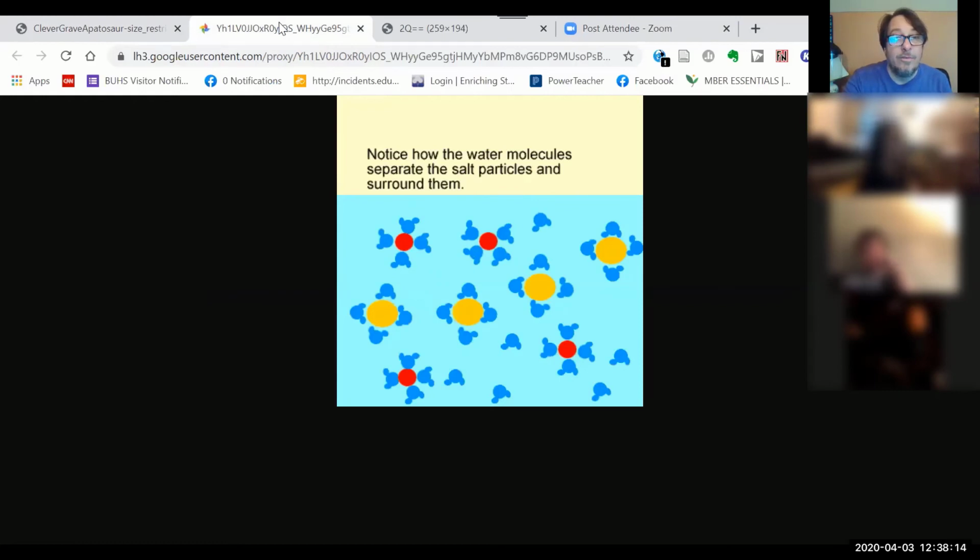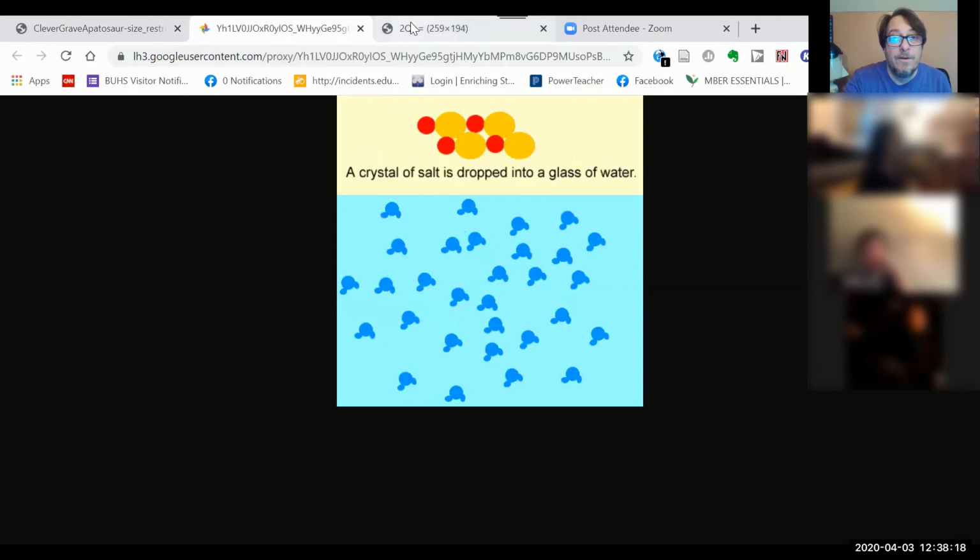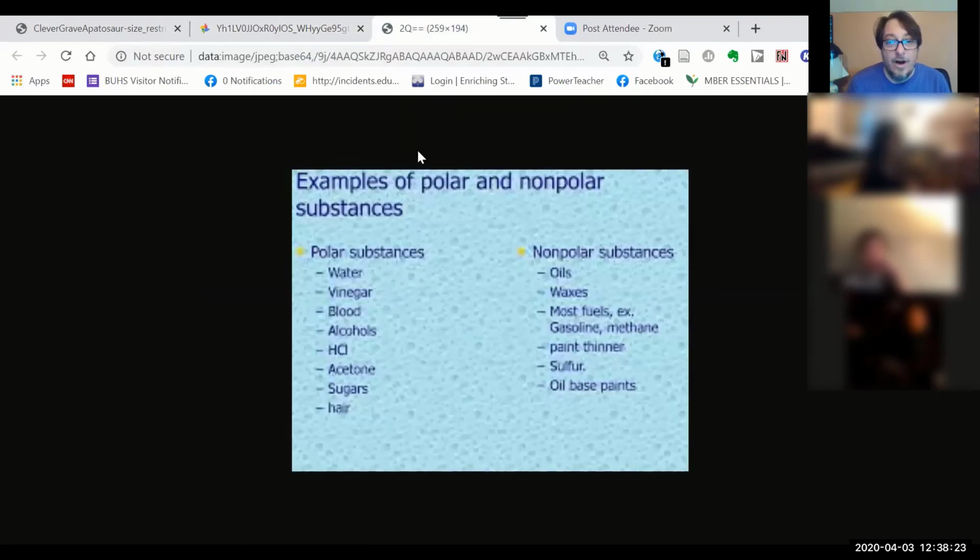Alcohol is water soluble, and here's a short list of some polar and non-polar substances. So you have this list: water, vinegar, blood, alcohol, sugars, and hair, believe it or not, is a polar substance. And all those things will tend to dissolve in water.